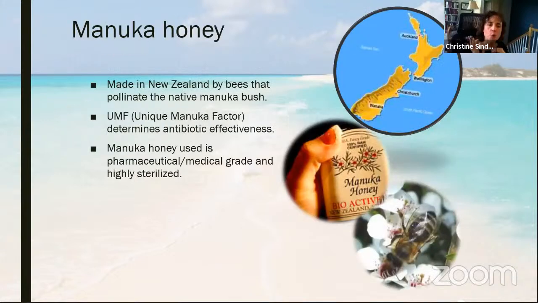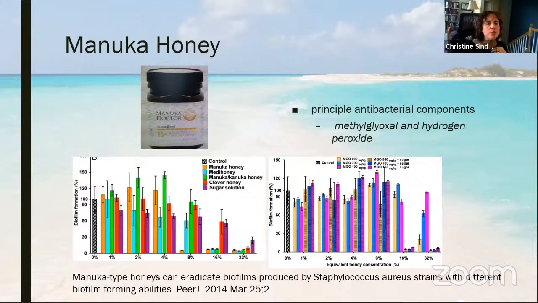Honey is incredibly effective for reducing bioburden, and specifically Manuka honey is very, very effective. It's interesting because a higher concentration of methylglyoxal in the honey does not necessarily mean that it is more effective.